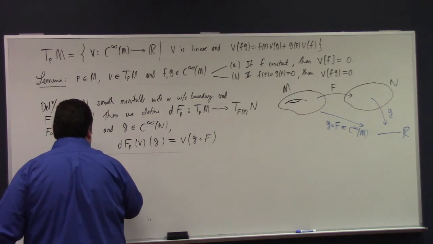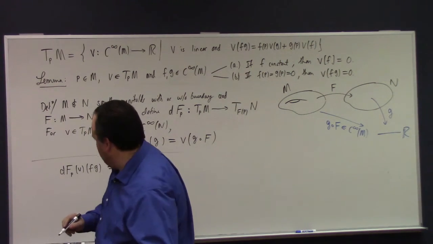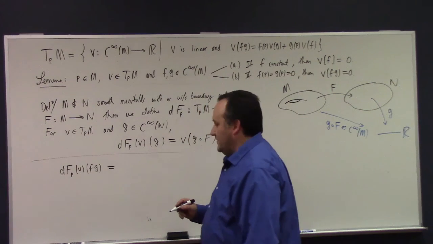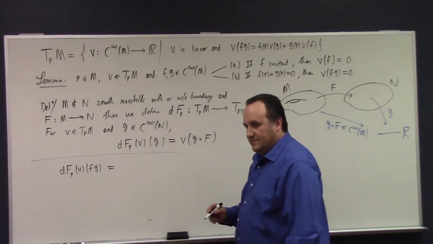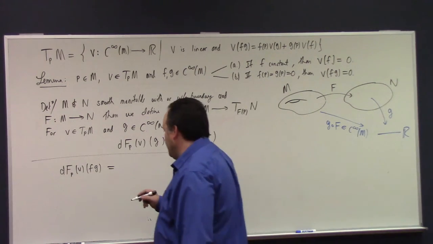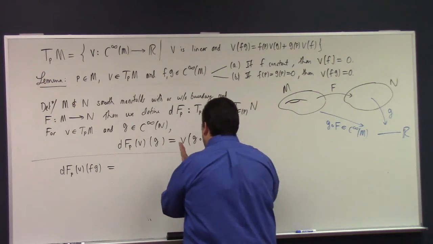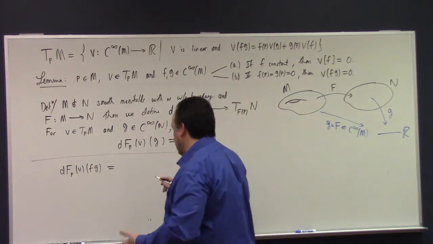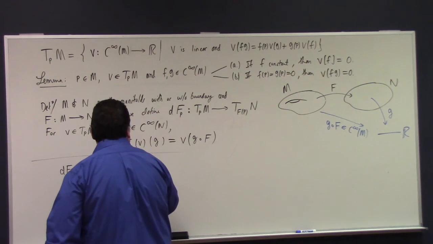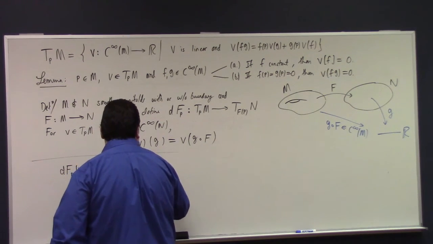So by definition, this is what? This is that, right? So I have V acting on what? F times G composed with F, right?